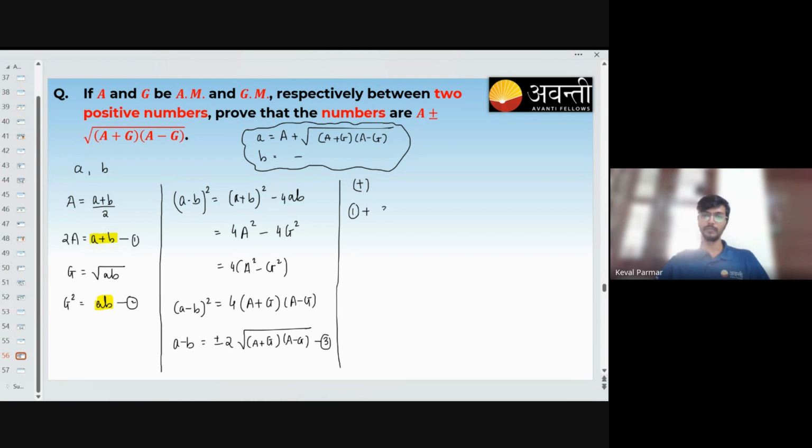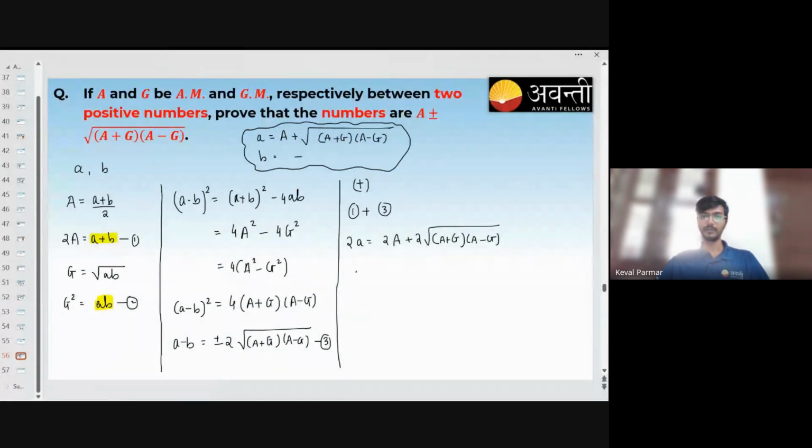If I do 1 plus 3, I'll get 2a on the left. I am taking the positive value, so the negative one is not there. So 2a plus 2 under root of (a plus g) into (a minus g).